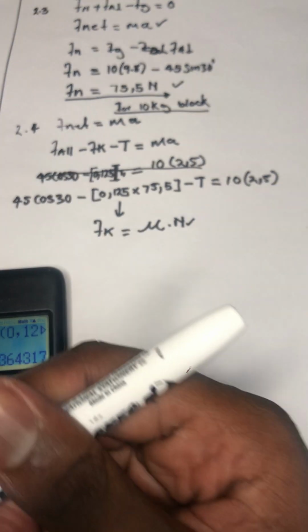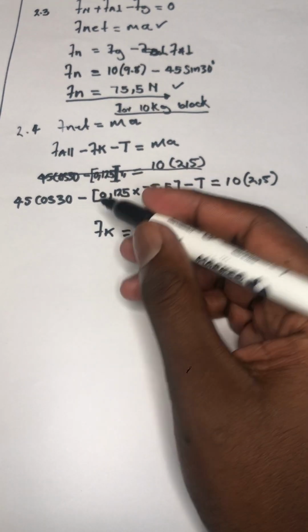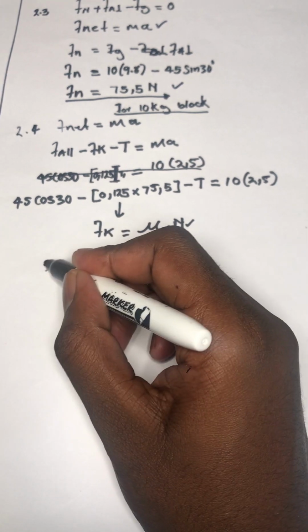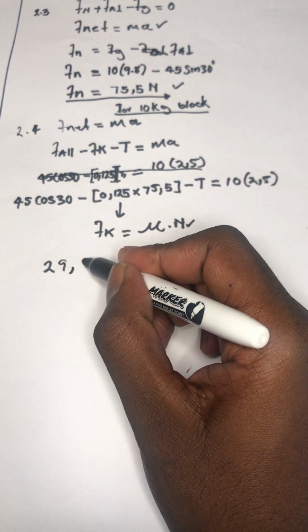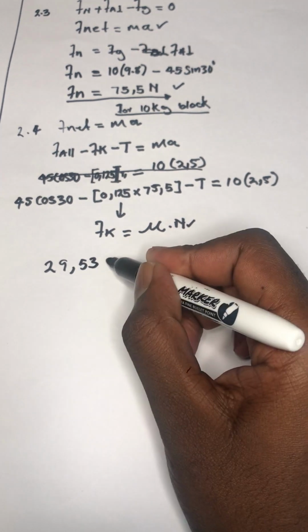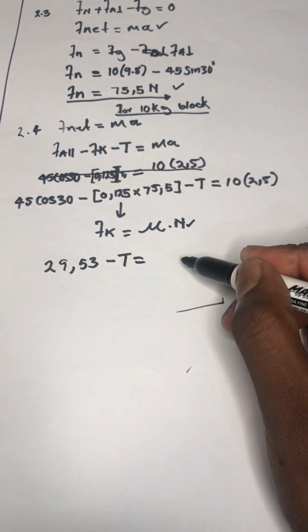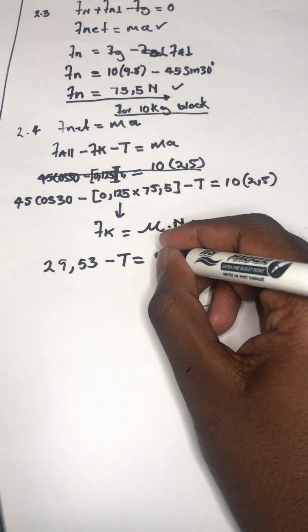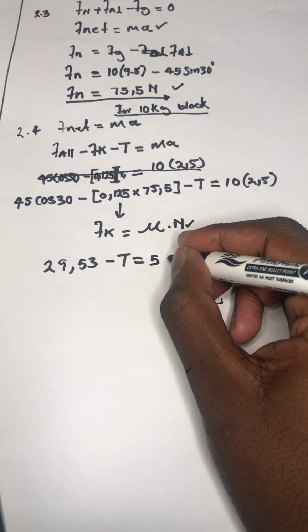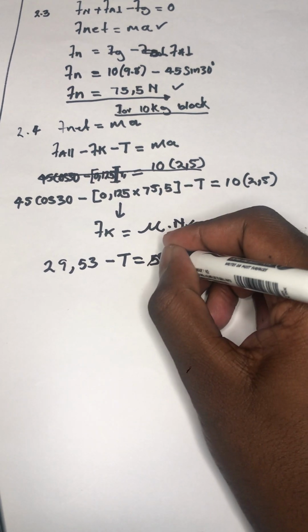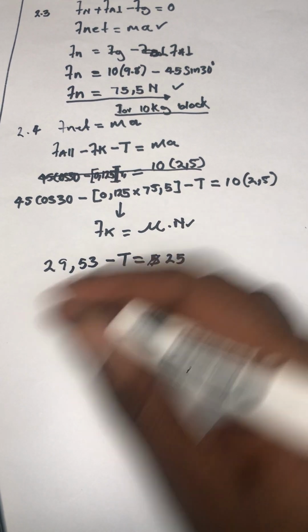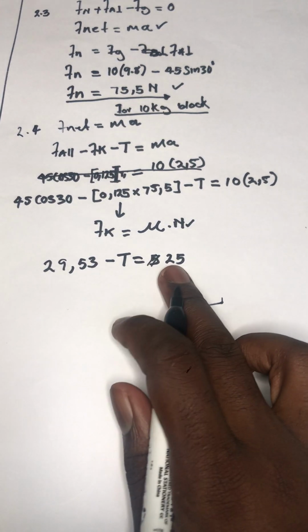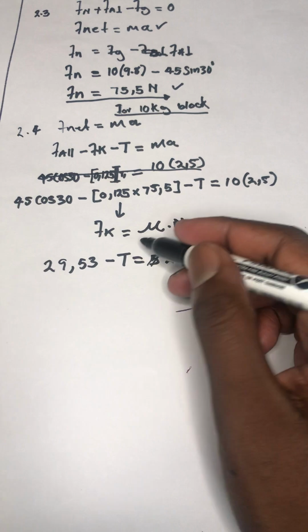So this is 29.53 minus tension is equal to 25.